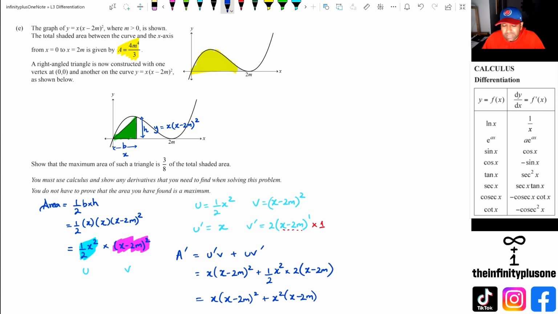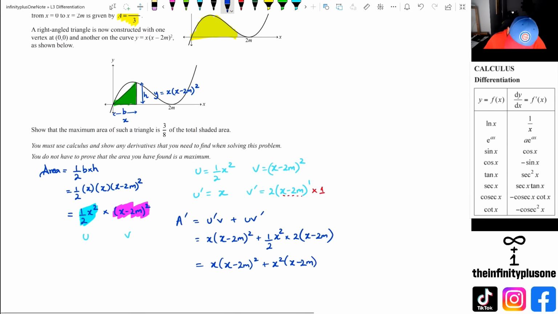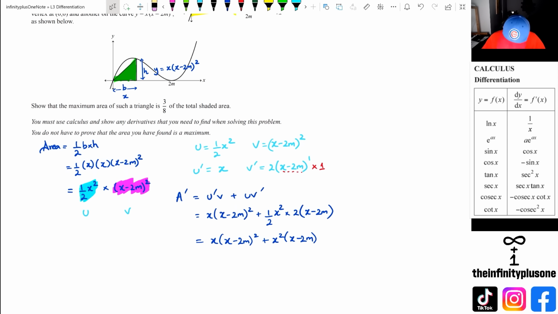Now I can actually take a common factor out here. I'm going to do this a bit slowly, folks. First I'm going to take out x as a common factor, looking at this x and x squared. When I take x out, I'm going to get (x minus 2m) squared plus x times (x minus 2m).